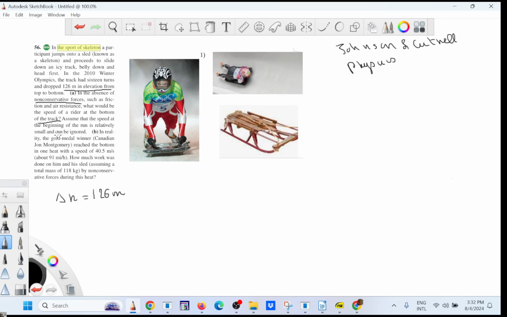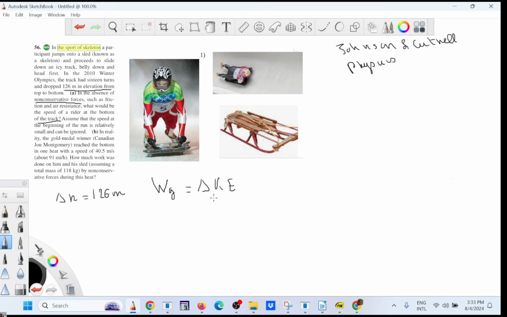Okay, so that's easy because you have two ways to look at it. You can say, okay, the work done by gravity on the athlete will go into increasing the kinetic energy.